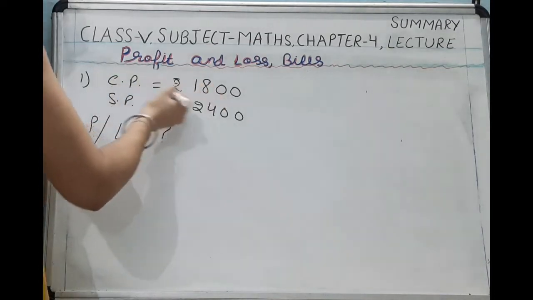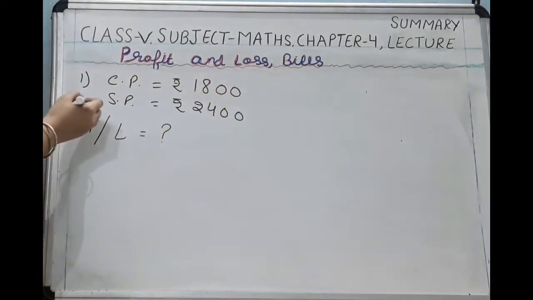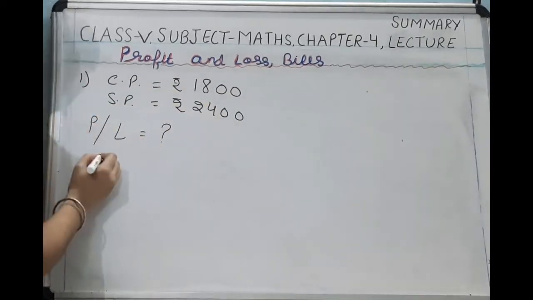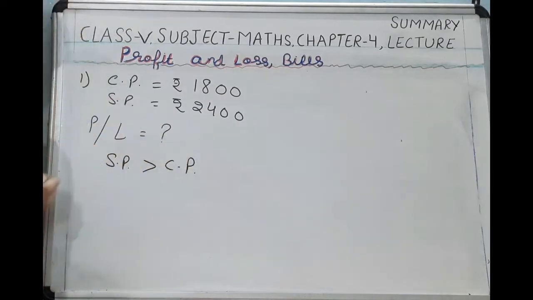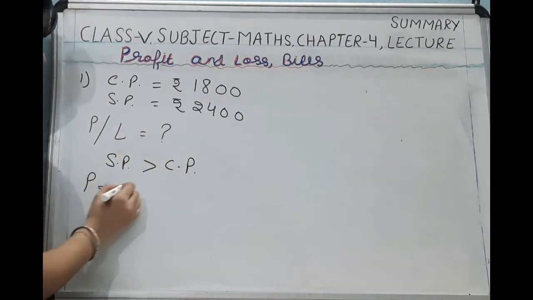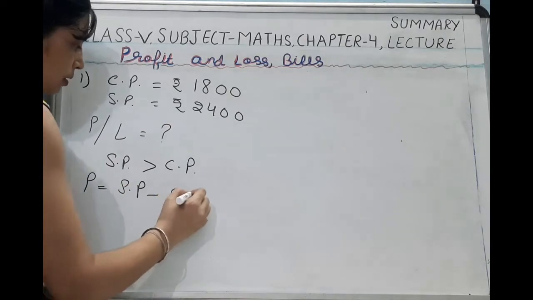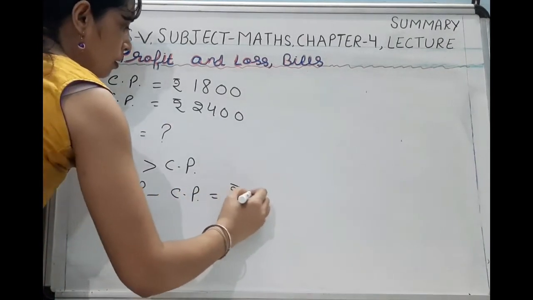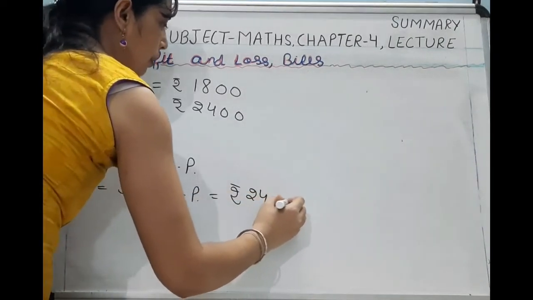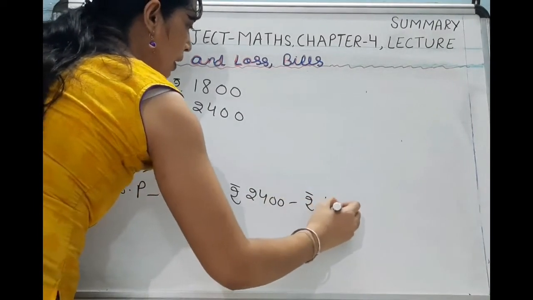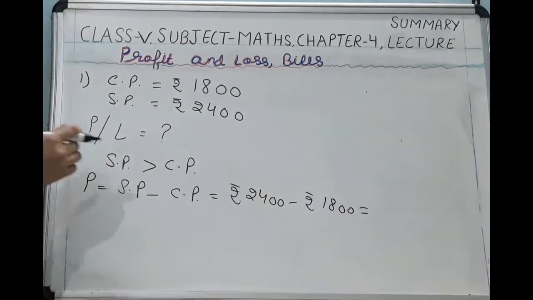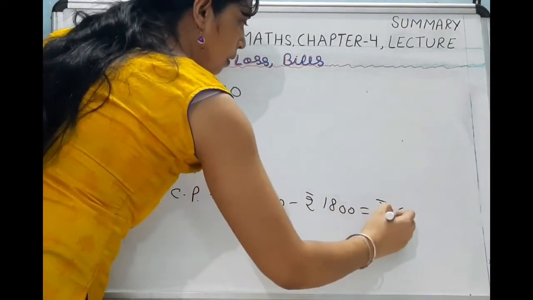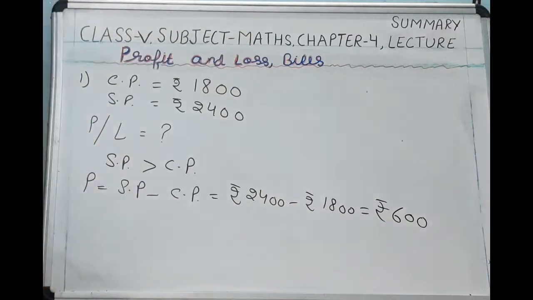Okay. Now check. Cost price is rupees 1,800. Selling price is rupees 2,400. Selling price is more than cost price. When selling price is more, profit is there. So profit is equal to SP minus CP. So rupees 2,400 minus rupees 1,800. 24 minus 18 is 6, and then 2 zeros. It will be a profit of rupees 600.